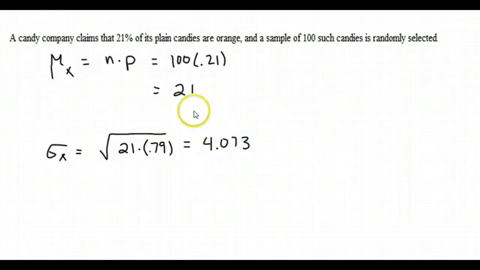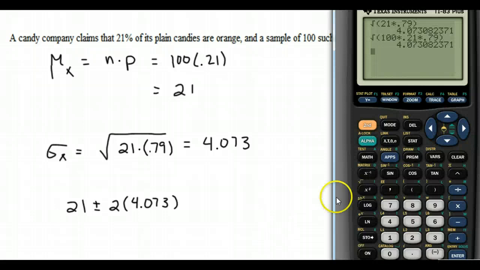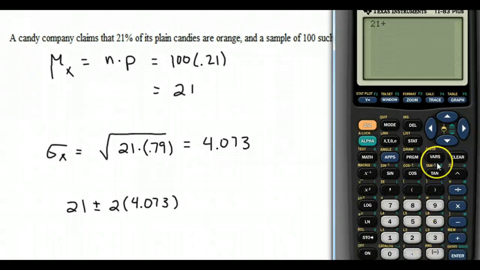Now what could I use this with? I could come up with rare events. Remember, if I go to 21 plus and minus 2 standard deviations from the mean, that's a cutoff for things that are rare. So if I take 4.073, double that, and add and subtract from 21, I get the values that I consider rare in this distribution. So 21 minus 2 times 4.073, and then change that minus to a plus.